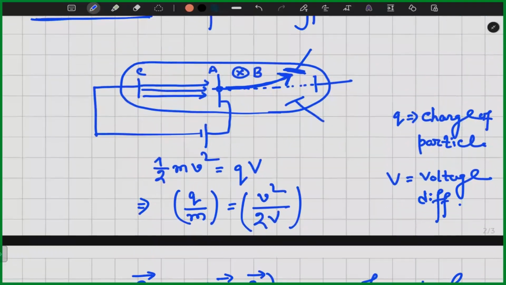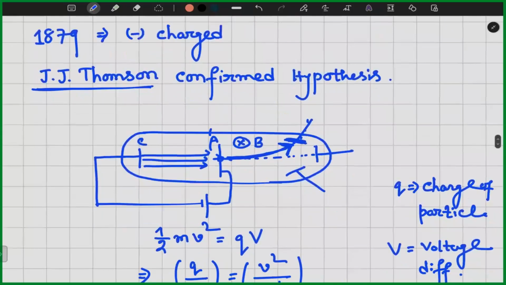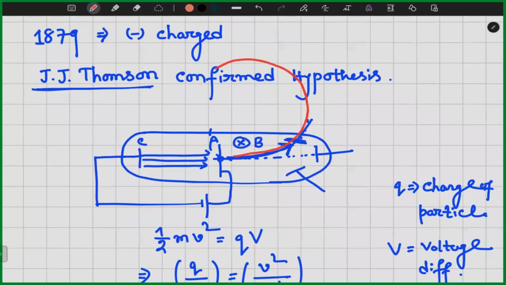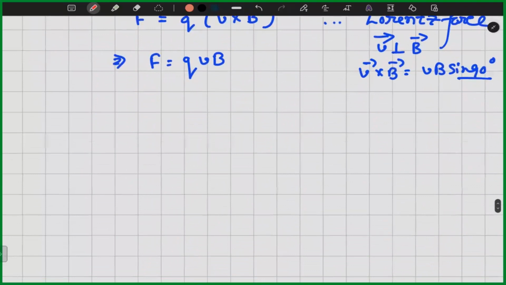Now we can see this is the deviation, right? We can think like this. It is a circle of radius r. Let me draw properly. Okay, this is a circle, and the radius of the circle, let's say r.